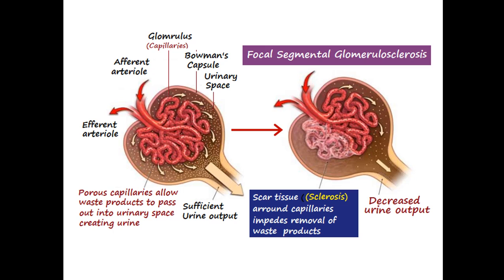This leads to decreased glomerular filtration rate, decreased urine output, which may lead to oliguria, and azotemia. Waste products like blood urea nitrogen and creatinine accumulate in the blood.